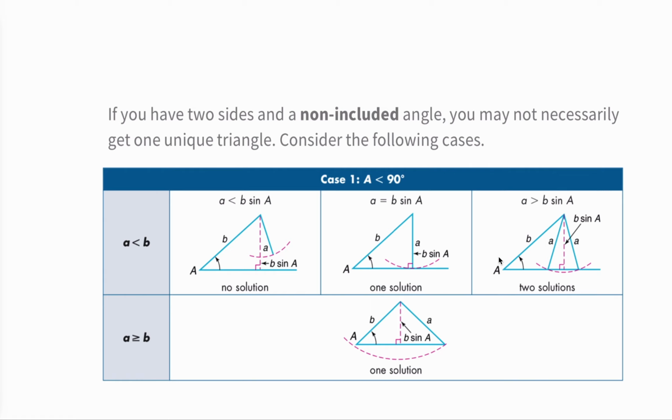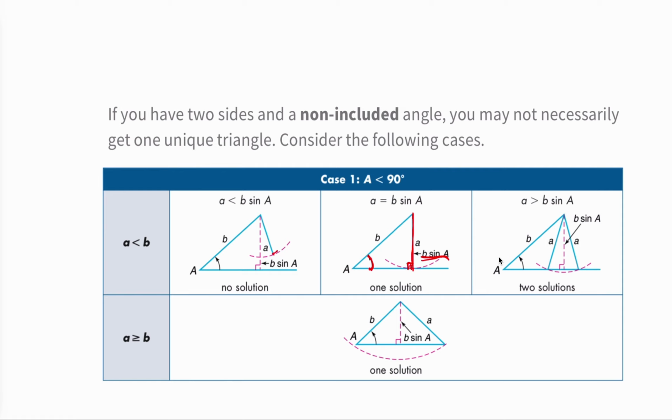In a right triangle, side A opposite the angle A is equal to B sine A. And you can work that out using SOHCAHTOA, right?